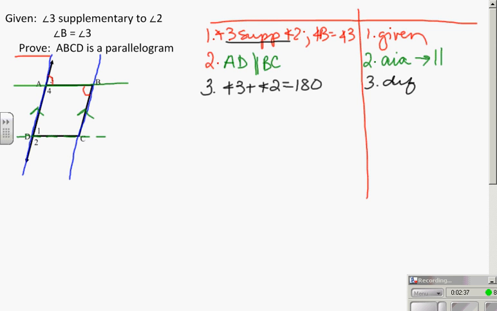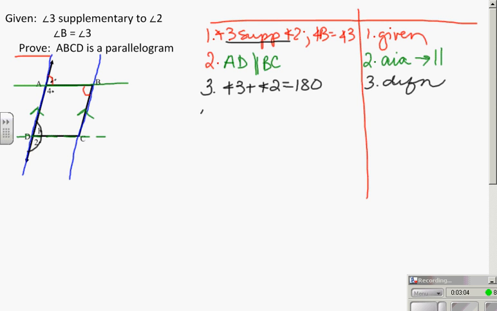And that is by the definition. Now, when I look at my picture, 3 and 2 aren't any of my parallel line pairs. But if I could link 3 with 1, they are corresponding, then I could say my lines are parallel. Or if I could link 4 with 2, they are corresponding, and I could say my lines are parallel.